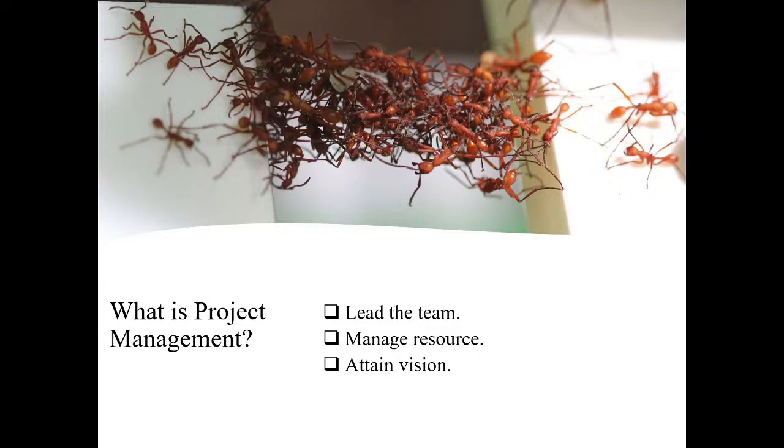The second one is to manage the resource. Many of the projects would have cash resource, material resource, human resource. And the goal is always to be able to attain the vision. Like if the ants needed to cross over from one table to the other table, then that would be the vision they need to accomplish.